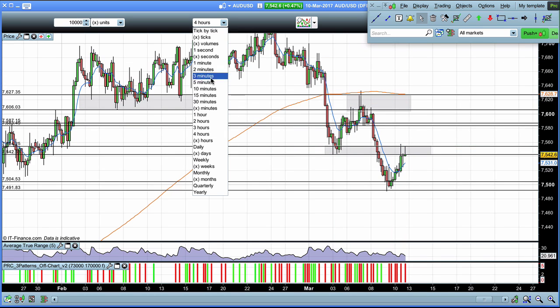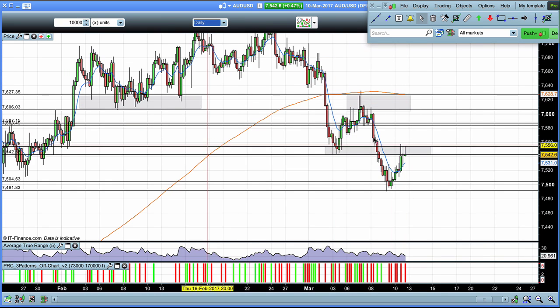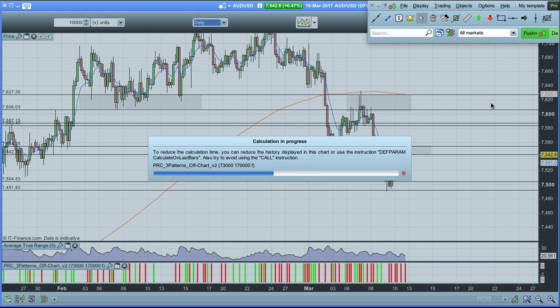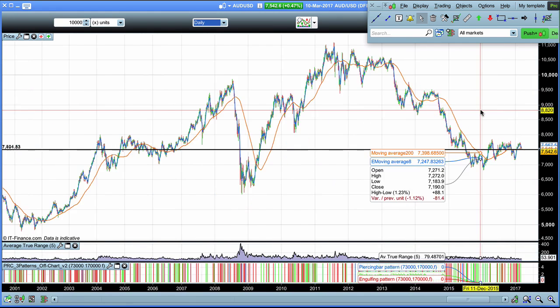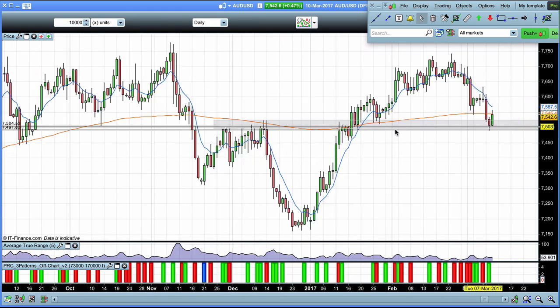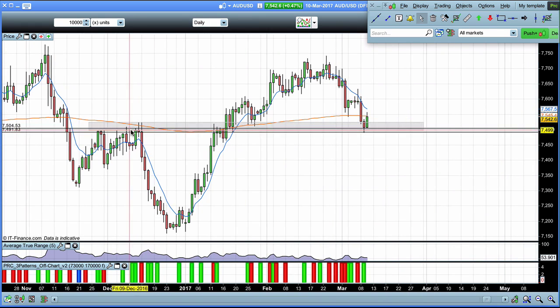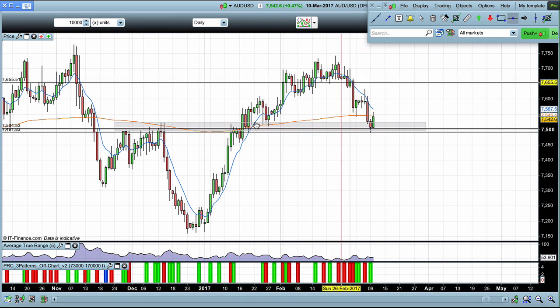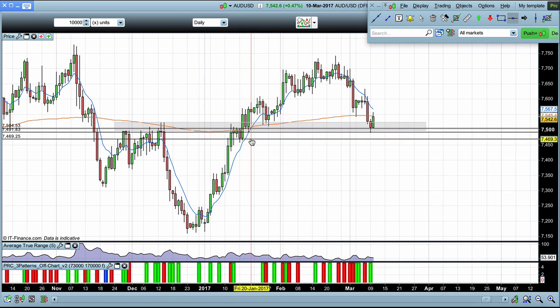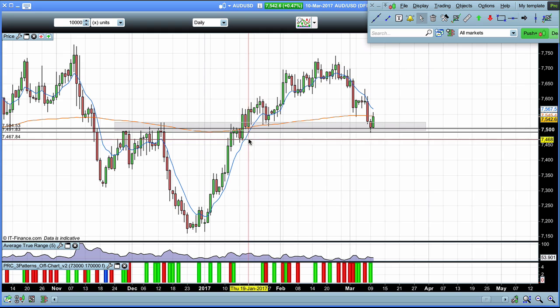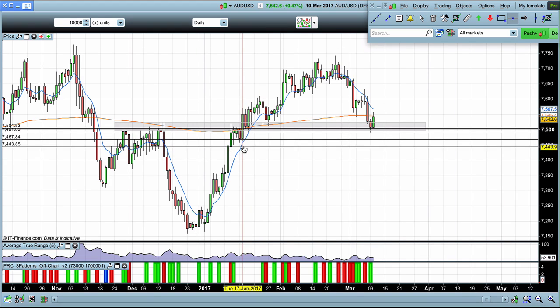Now, for buy positions, let's go back onto the daily. We still have, well, first of all, that key level of support down below. And then if this market breaks down, we have further key support at these levels right here.